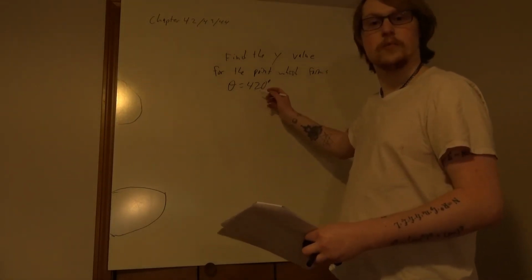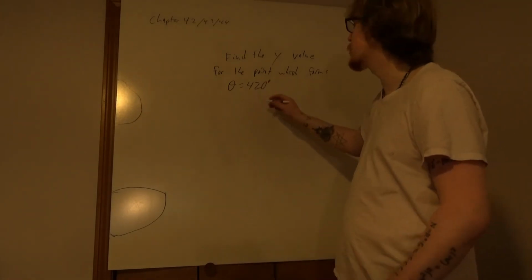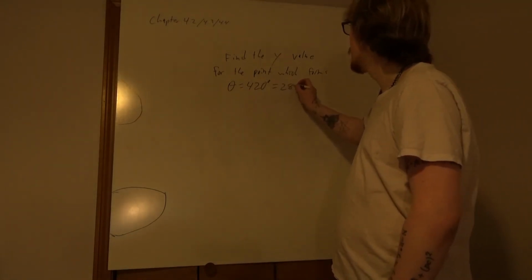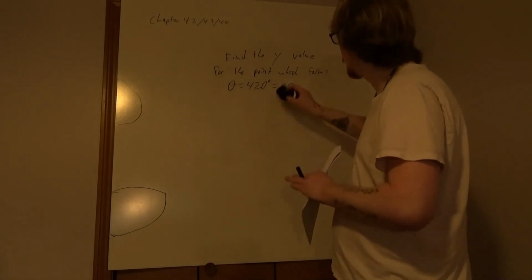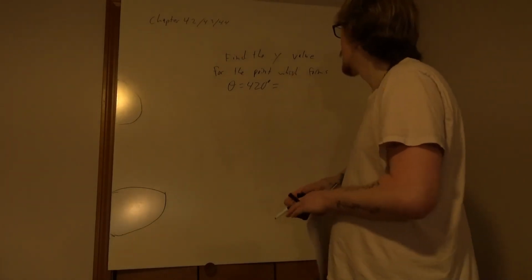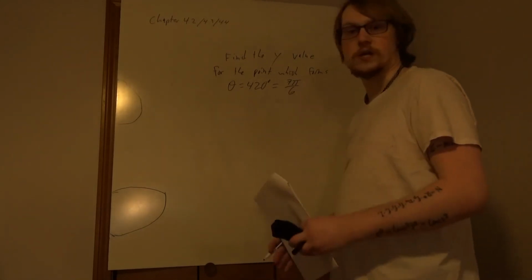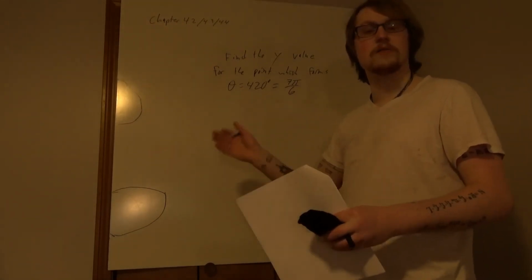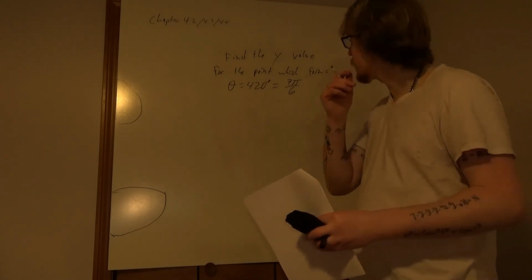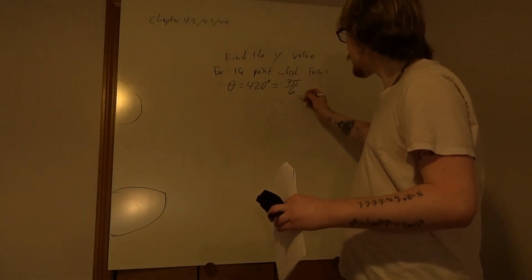In section 4.2, we used this exact one, so we actually know that this one turns into, no, it wasn't that one. Which one was this? 7 pi over 6, right? That's what we found that it was by converting it from degrees to radians. So we know it's this.